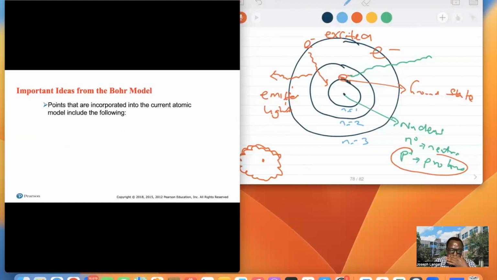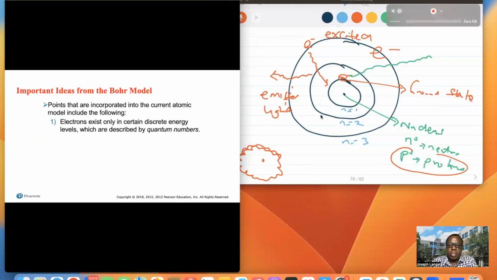But there were some important points which are applicable in the quantum mechanical model of an atom, and this is the existence of discrete energy levels. Yes, even today there is energy level 1, energy level 2, which he proposed. This is important in the quantum mechanical model of an atom. We call these quantum numbers, n=1, n=2, n=3.